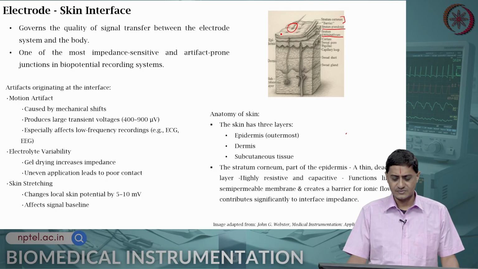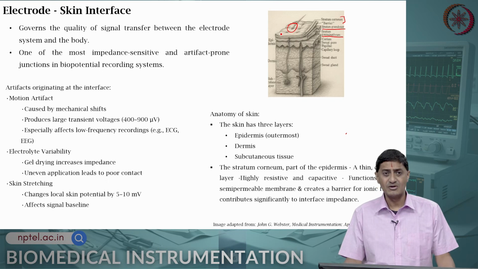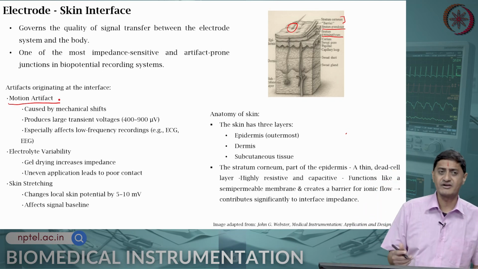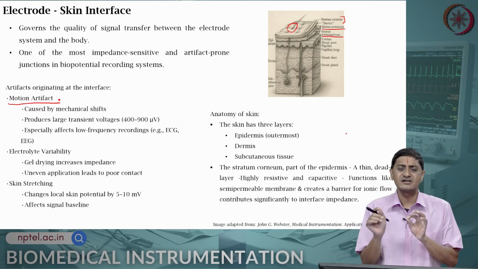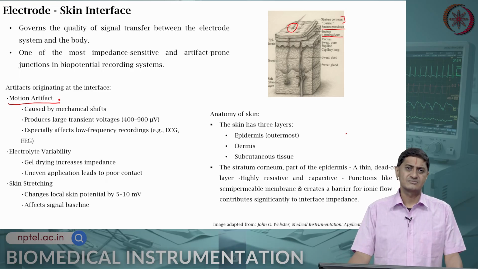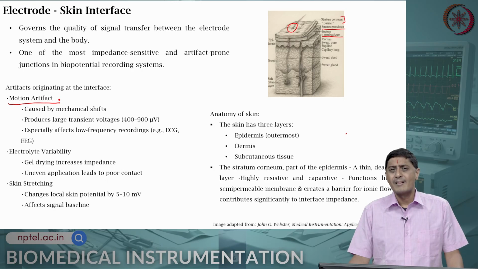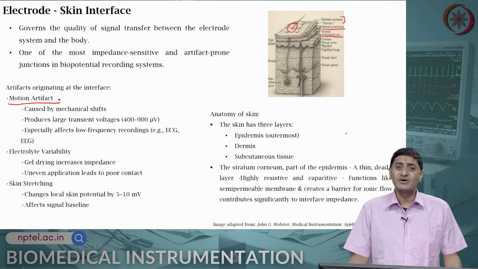And then you have another artifact that is prevalent at the interface, that is the movement artifact or the motion artifact. This motion artifact is caused due to physical shifting of the electrode. Why will this happen? Because the skin is not a rigid body but a deformable body.